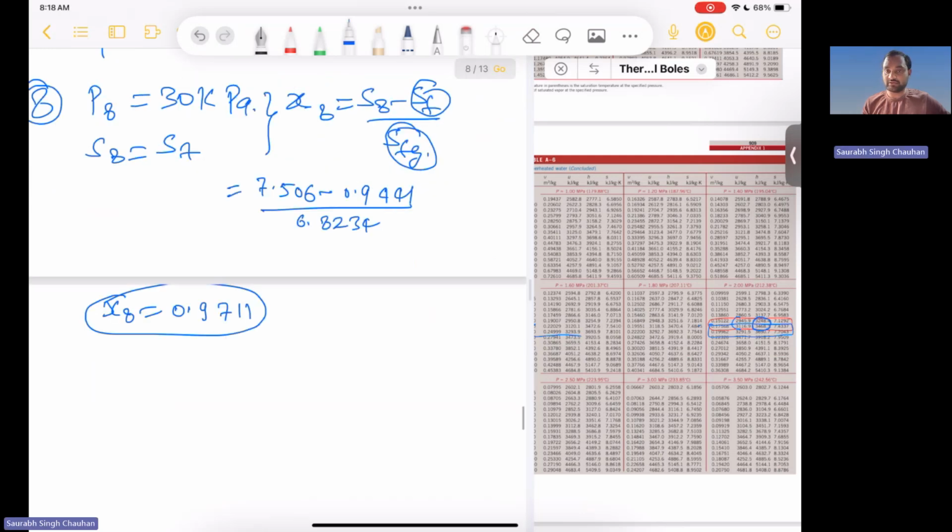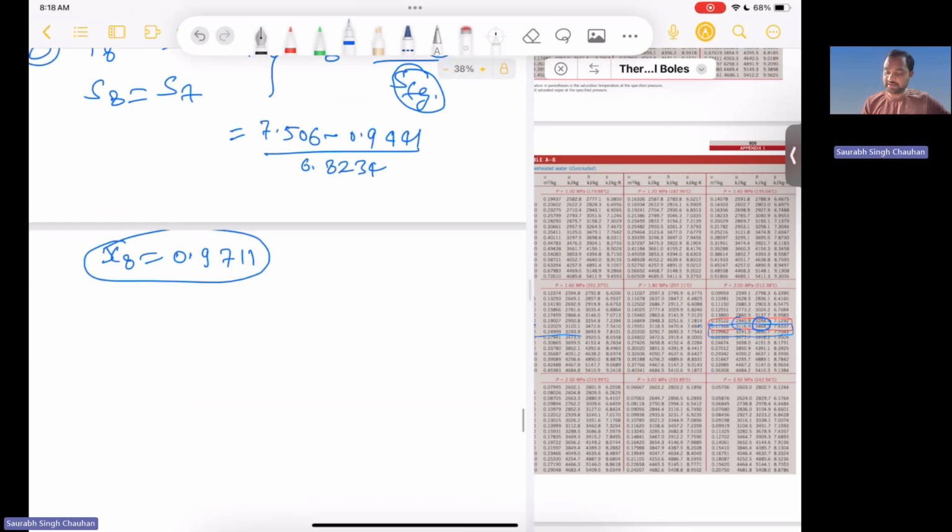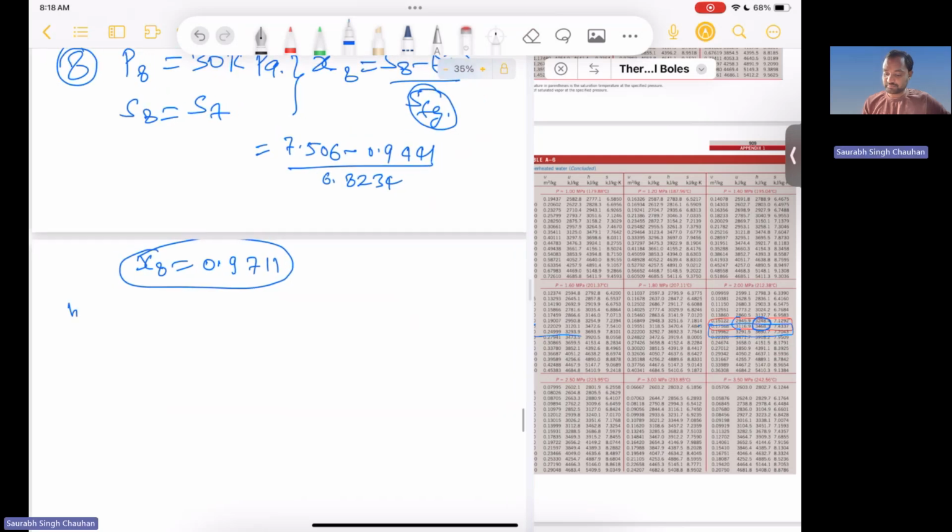Okay, so you can calculate the enthalpy at point 8. This will be equal to enthalpy of saturated liquid plus steam quality into the latent heat.